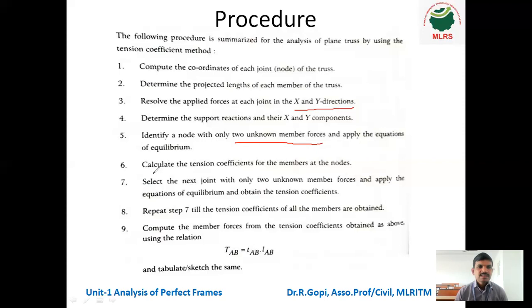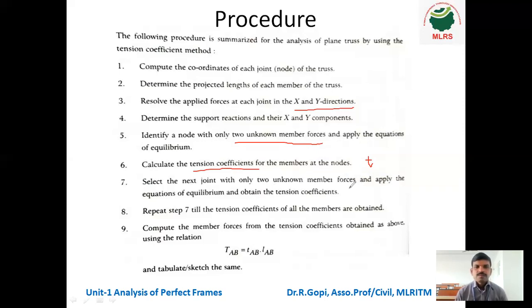Next, step 6: calculate the tension coefficient for the members at the node. From this equation, we have to calculate the tension coefficient, that means the small t value. Next, select the next joint with only 2 unknown member forces, apply the equations of equilibrium and obtain the tension coefficient.